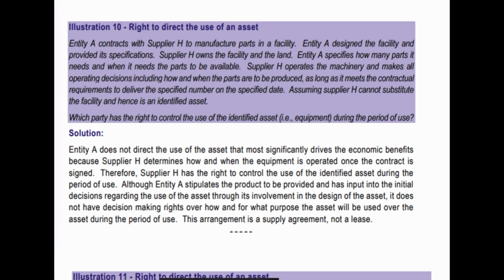Here we can conclude there is no lease arrangement. It's a supply agreement and not a lease.